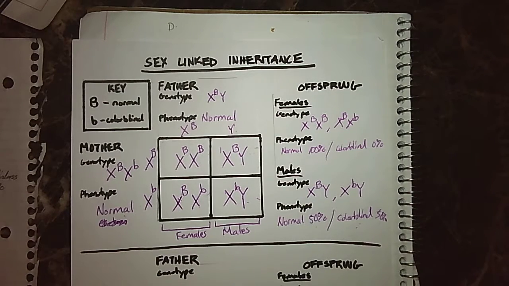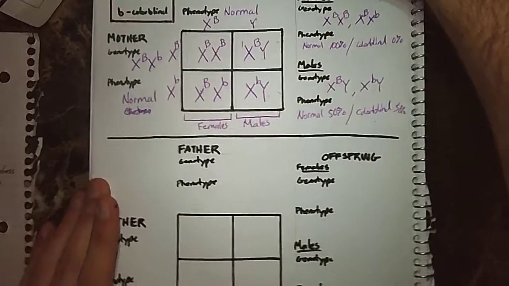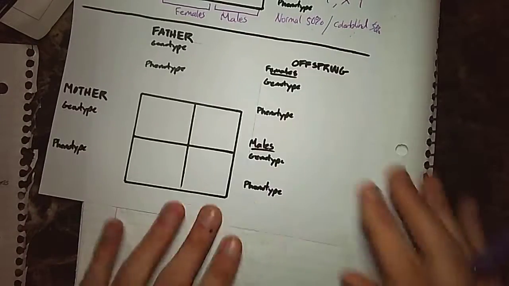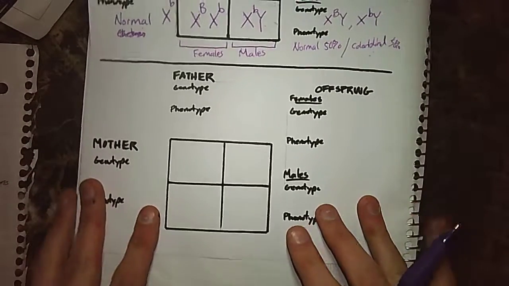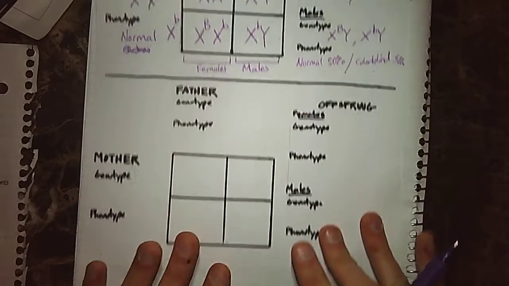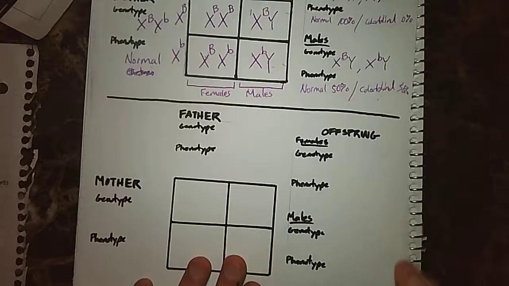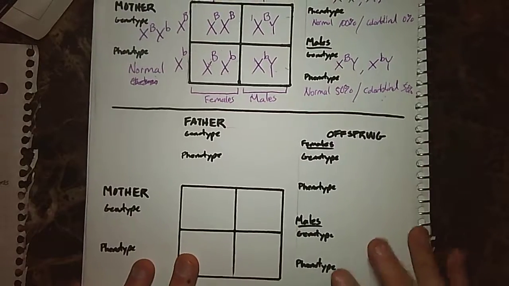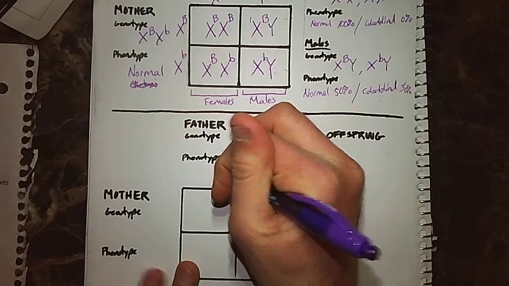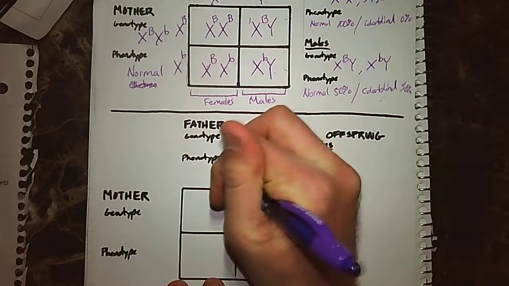So what I want you guys to do is try a new one out. And I'm just going to set up the scenario for you. We're still going to use the same key, okay? Just different parents in this case. In this case, my father, for this example, XY.